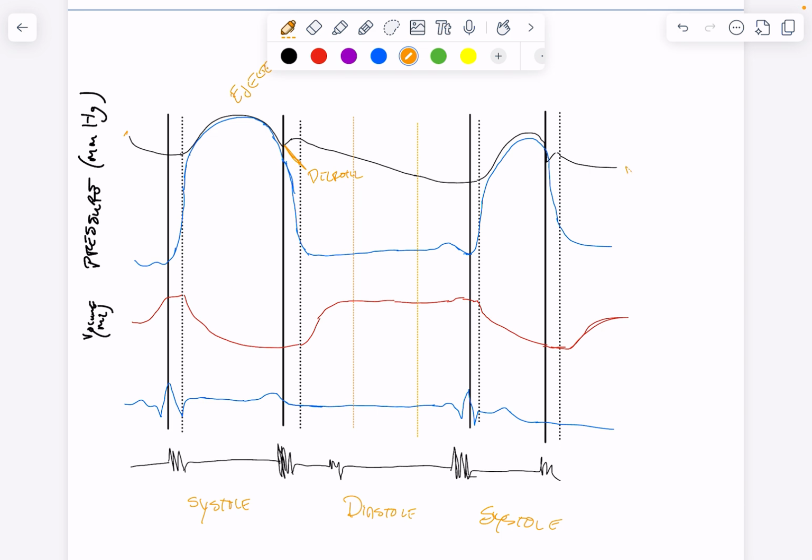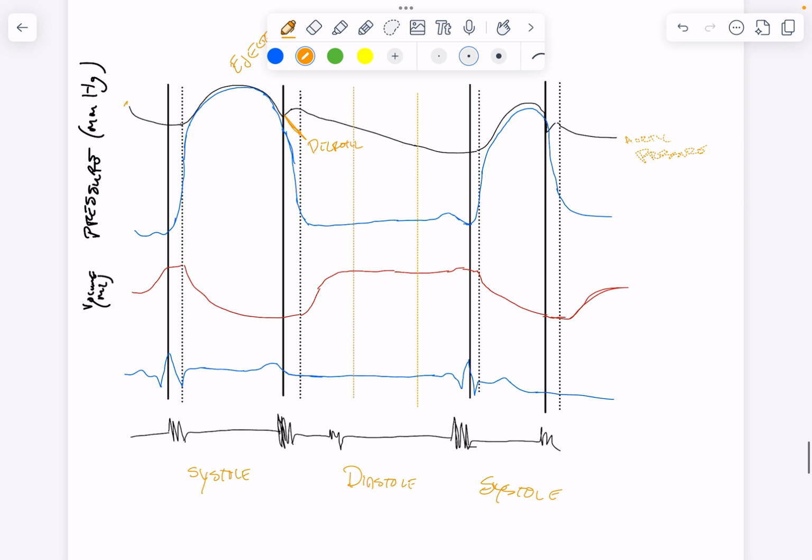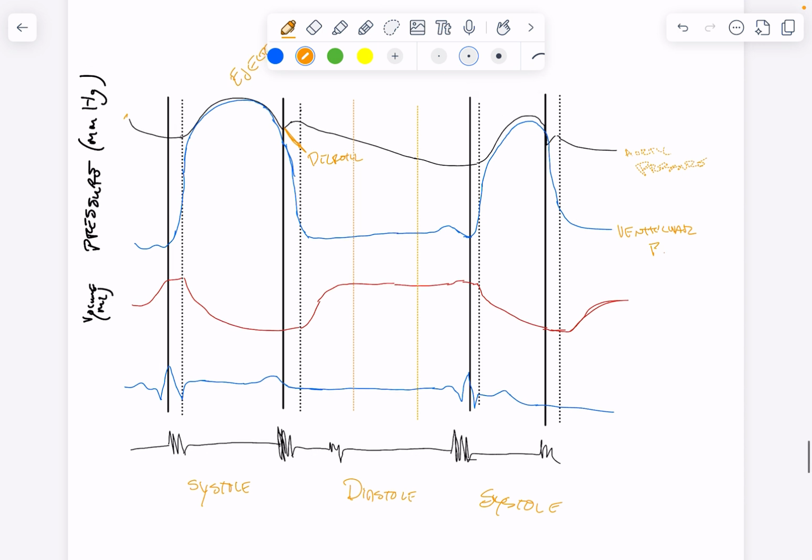Anyway, yeah, the black line, aortic pressure. The blue line is ventricular pressure. Forgot another black line.